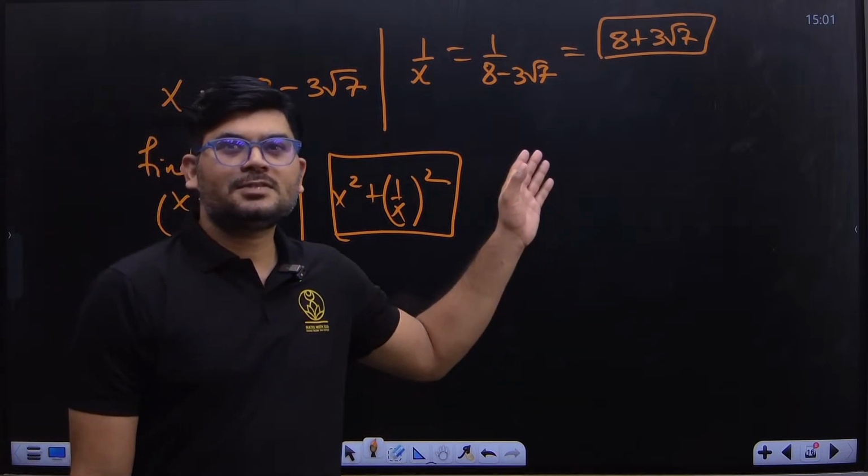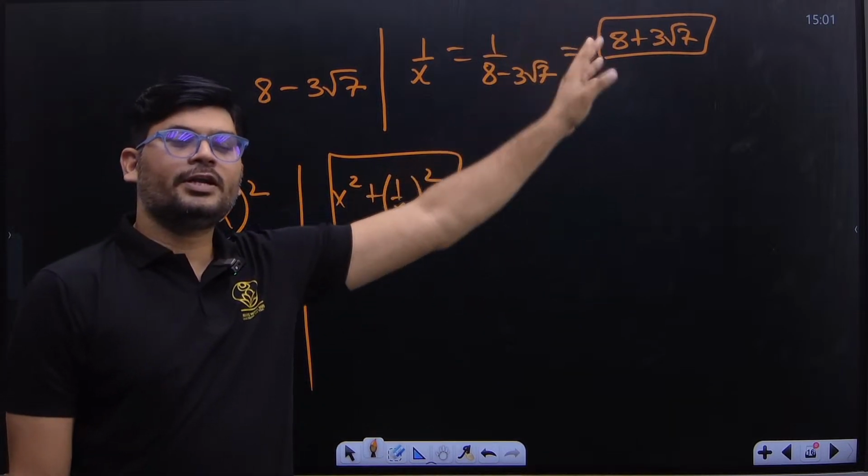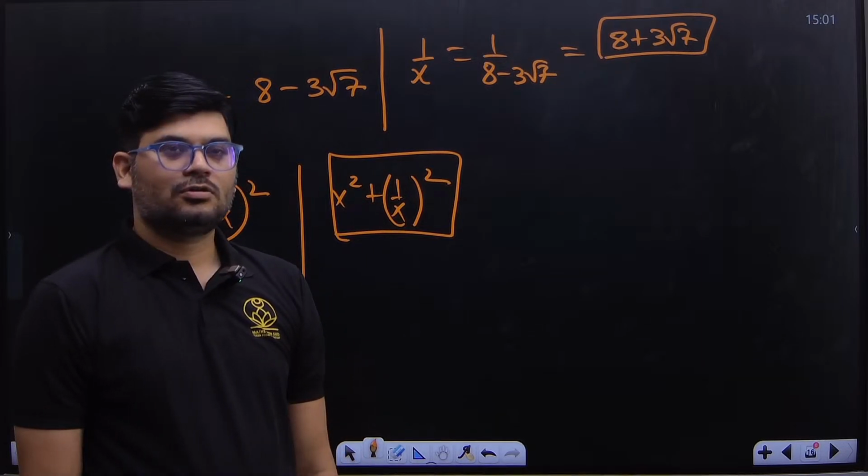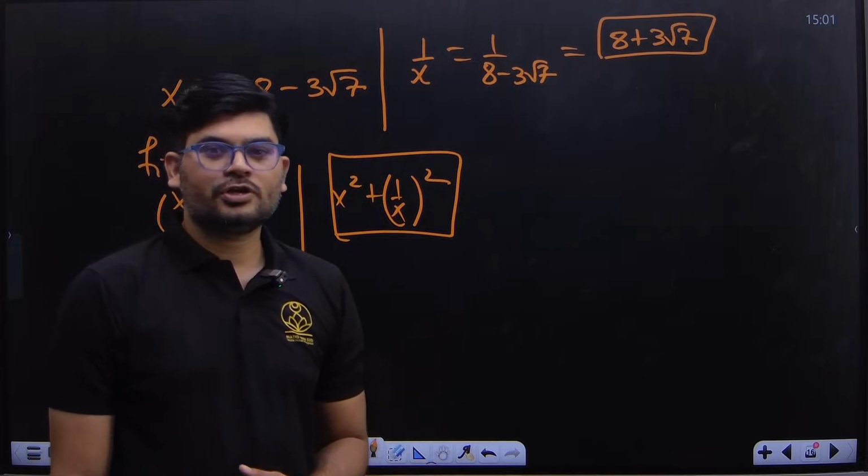See, if you multiply this by 8 + 3√7 both in the numerator and the denominator, you get the conjugate of the number, right? Yeah.